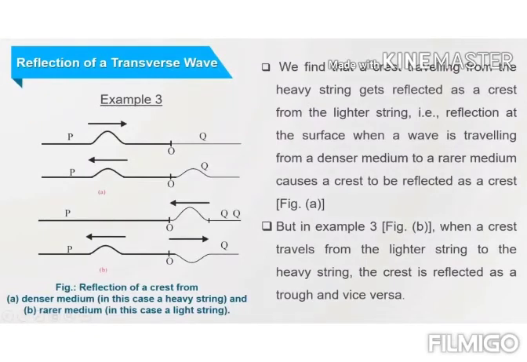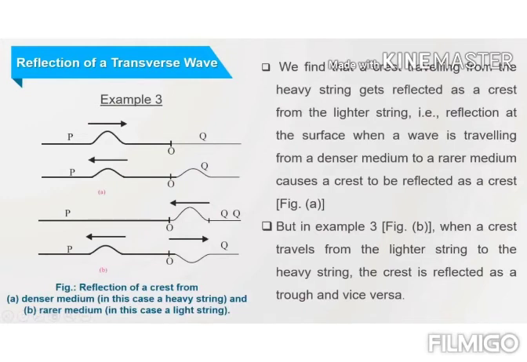In figure 3, look at figure 6.3a. We find that a crest traveling from the heavy string gets reflected as a crest from the lighter string. That is, reflection at the surface when a wave is traveling from a denser medium to a rarer medium causes a crest to be reflected as a crest.